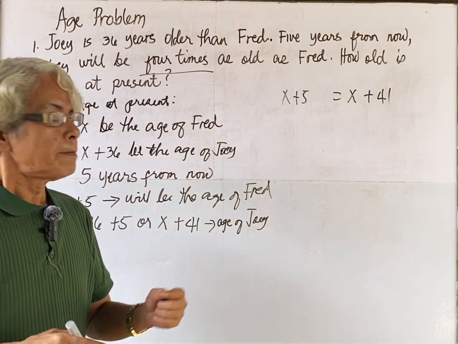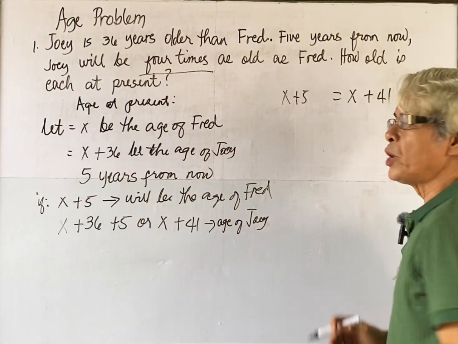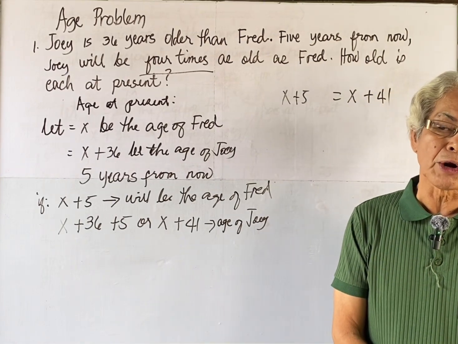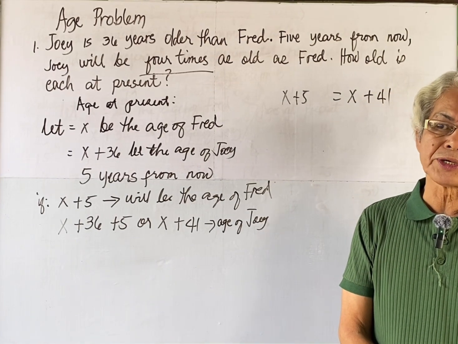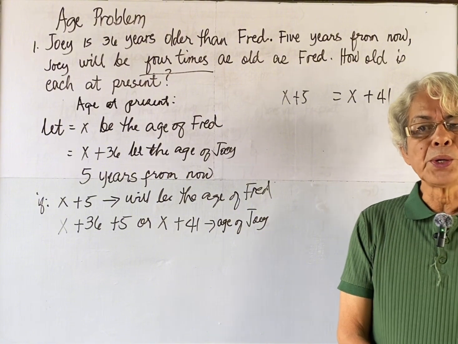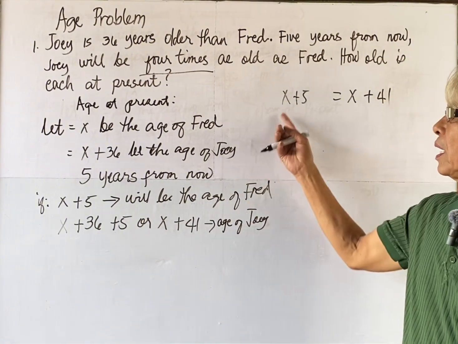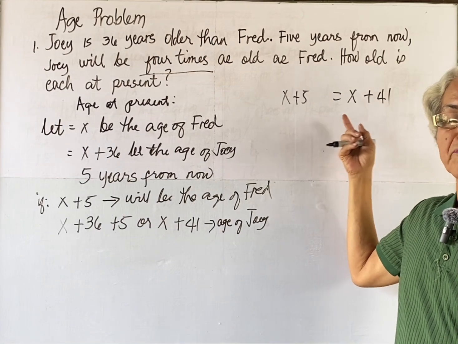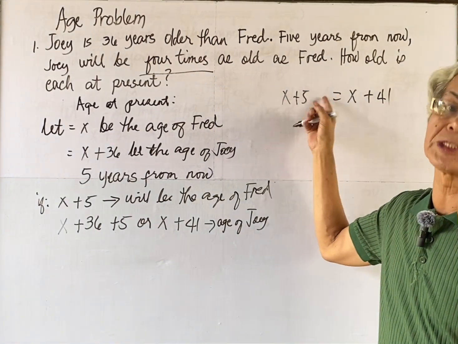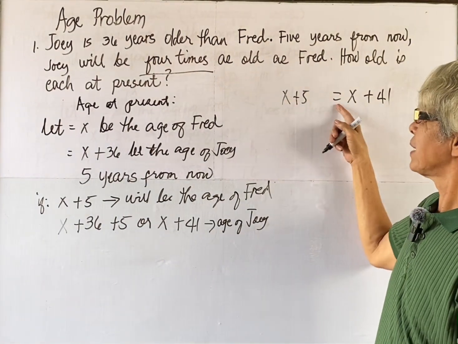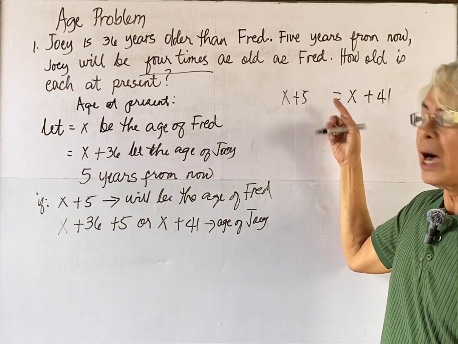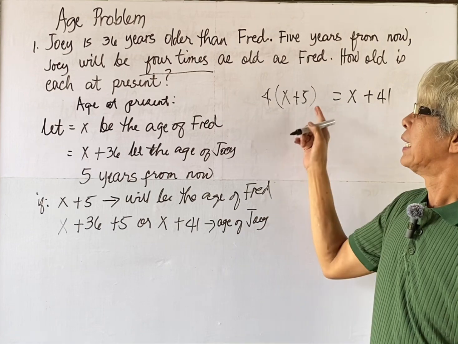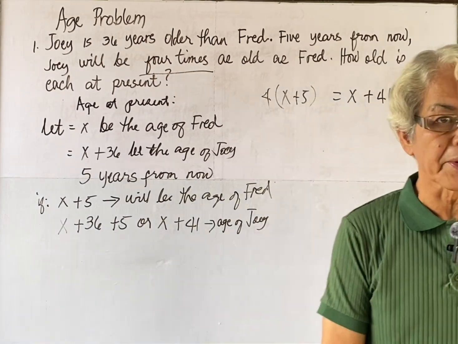Meaning, from these two, we have to multiply either of the two expressions by 4. But practically, who is younger? Fred. Who is older? Joey. Therefore, we have to multiply the younger's age by 4 to make the equation correct. So if we multiply this by 4, the equation now is correct.